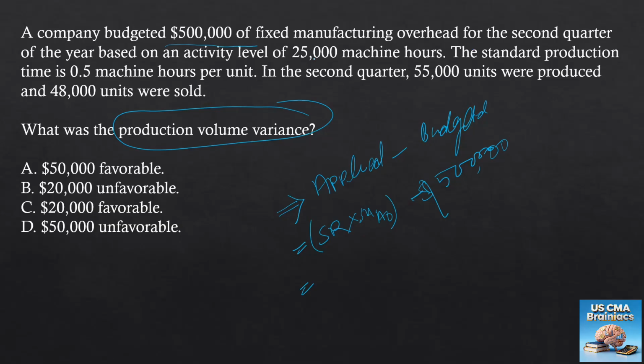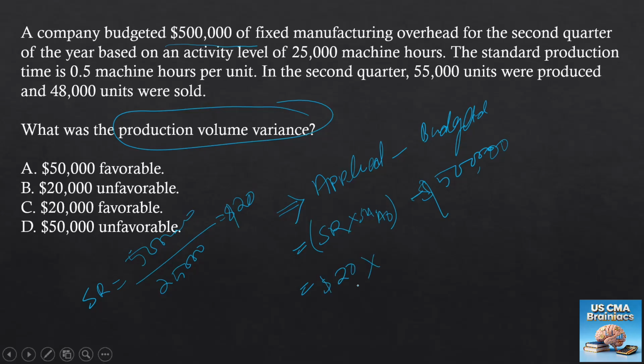So 500,000 divided by 25,000 is the standard rate. How can you find it? 500,000 divided by 25,000. So what is the answer? 20. Yes or no? Yes.